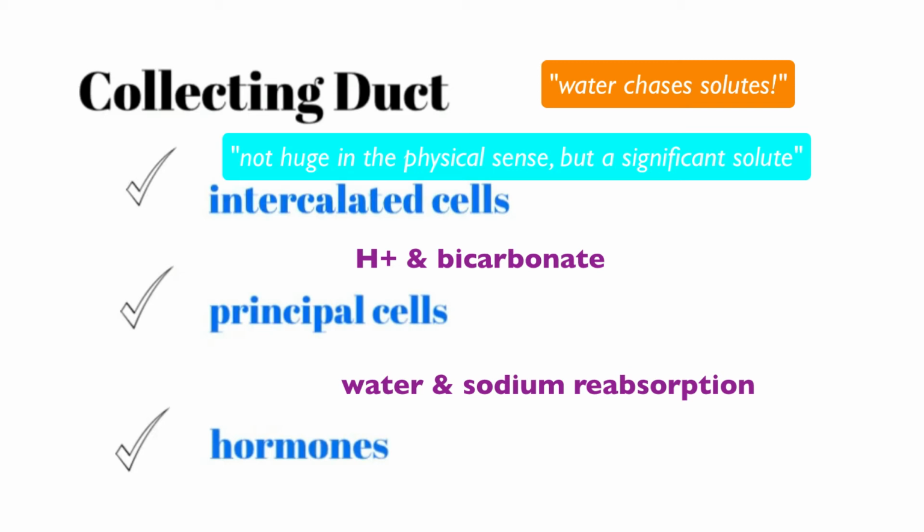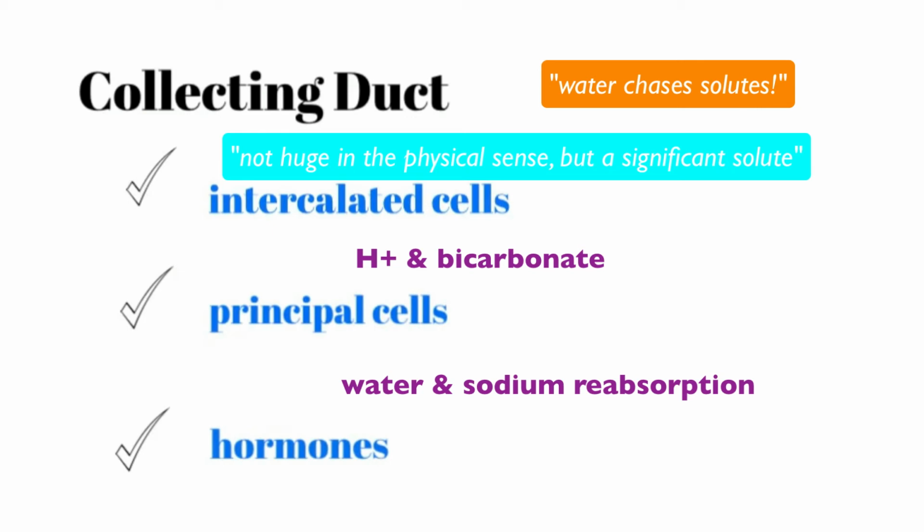So this is going to happen when the body needs that water. And when this happens, concentrated urine is produced. That is to say, the urine that ends up being produced is highly concentrated in solutes. Now, it's not going to be concentrated in sodium so much because a lot of that is being reabsorbed.